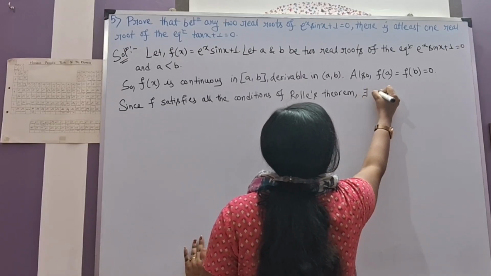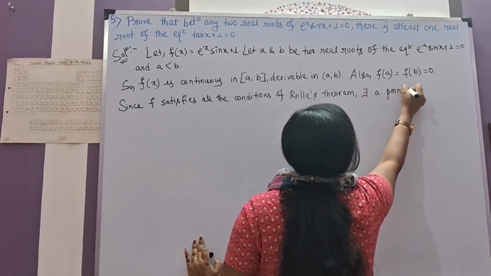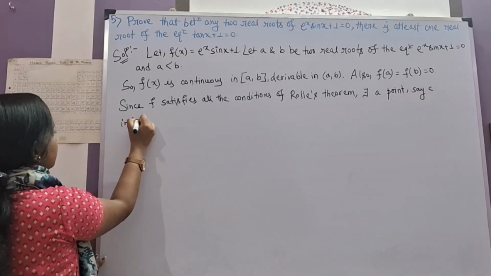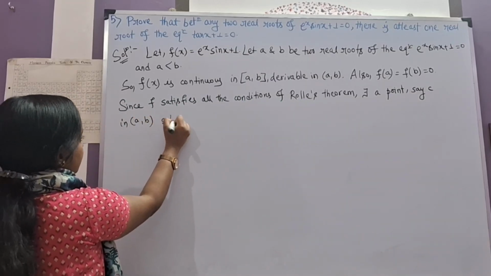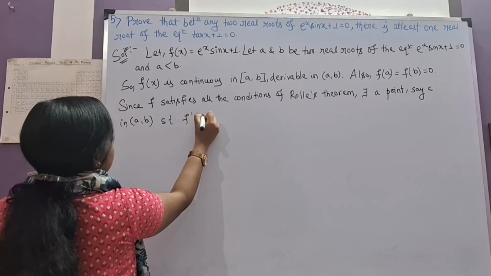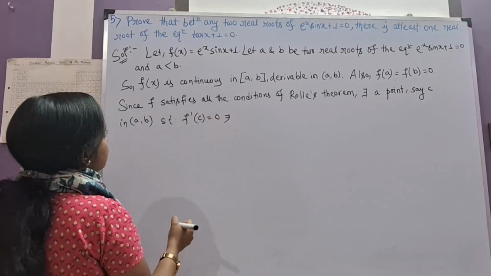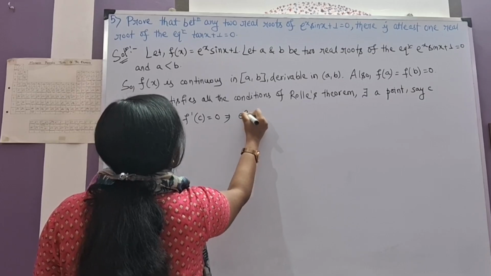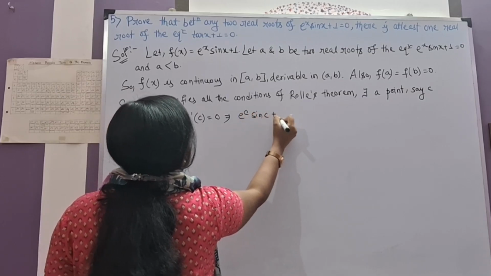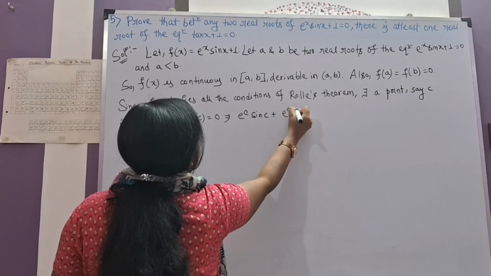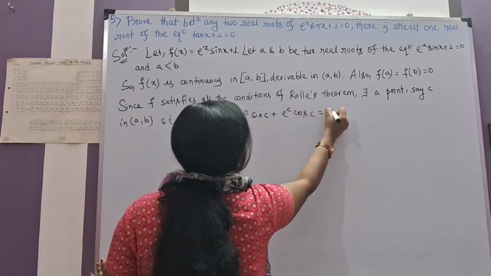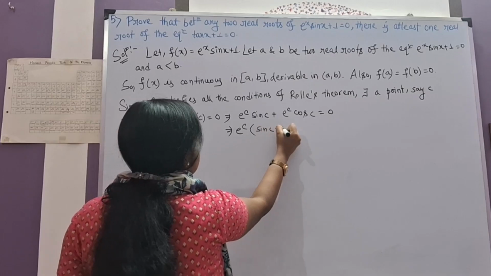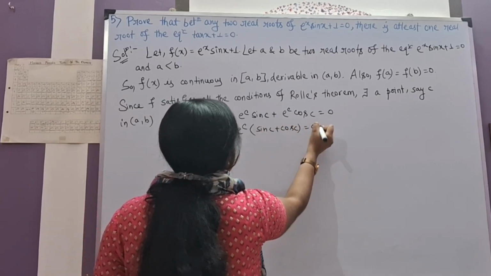We can say that there exists a point, say c, in open interval a comma b such that f dash of c equal to 0. So this implies e to the power c sin c plus e to the power c cos c equal to 0. This implies e to the power c times (sin c plus cos c) equal to 0.